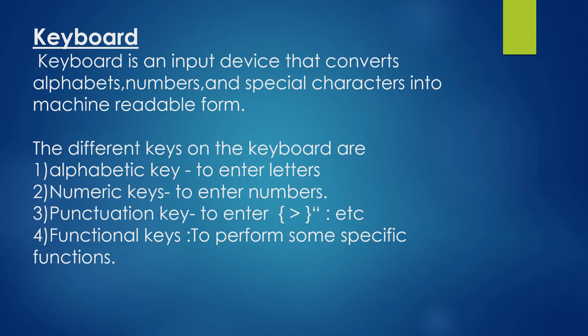First one, alphabetic keys. Alphabetic keys are used to enter alphabets or letters. Second one, numeric keys. They are used to enter numbers. Then punctuation keys. They are used to enter symbols like less than, greater than, brackets, etc. Fourth one, functional keys. Functional keys are used to perform some specific functions. F1, F2, F9 are the functional keys.